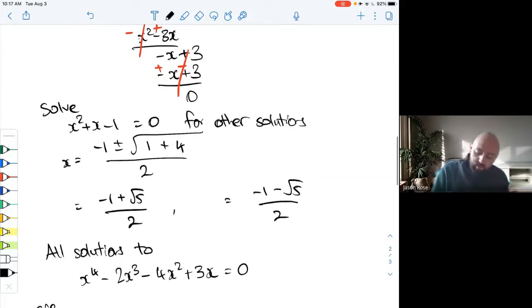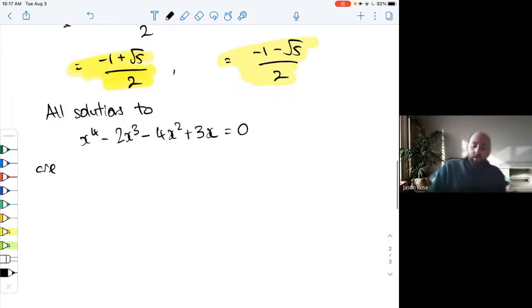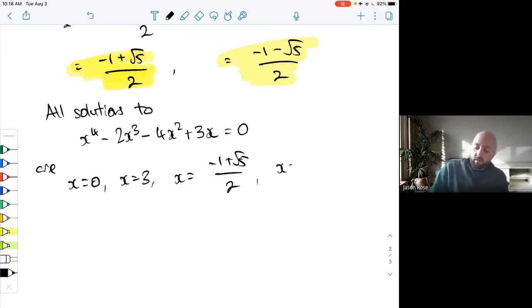And the last two solutions that we found were this one here and this one here. So putting all those together, we have x equals 0, x equals 3, x equals -1 plus root 5 over 2, and x equals -1 minus root 5 over 2. Those are 4 solutions to the equation.